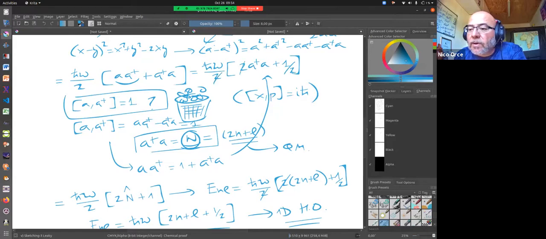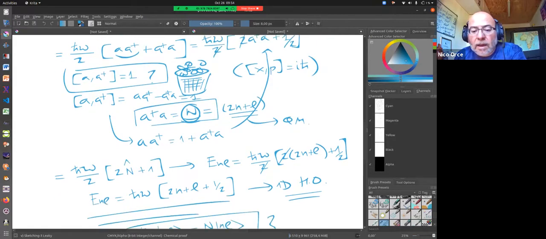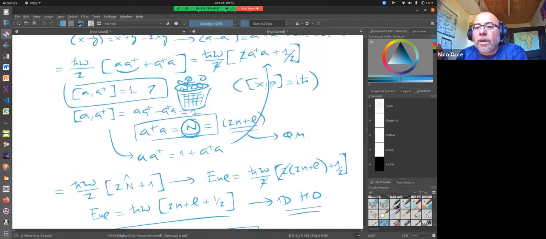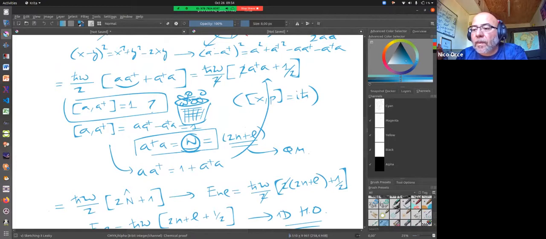Remove these fellows. So that will be h bar omega, a dagger a i plus 1/2, plus the 1/2 here.